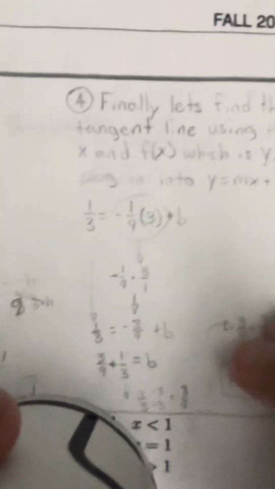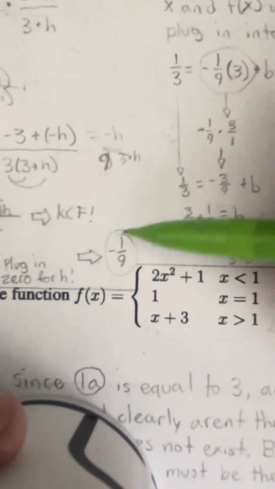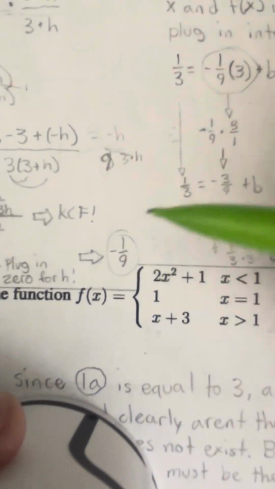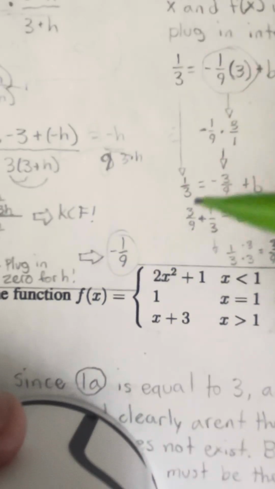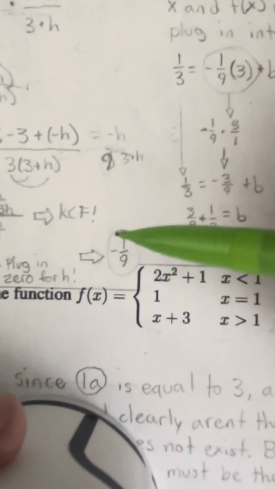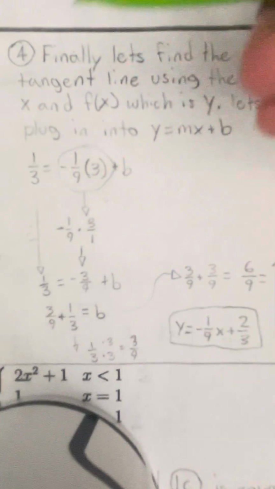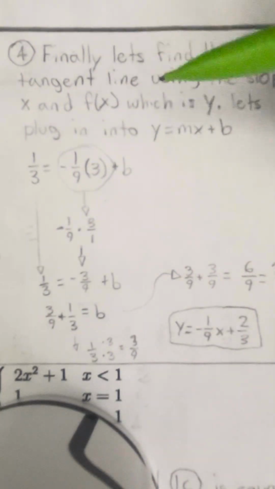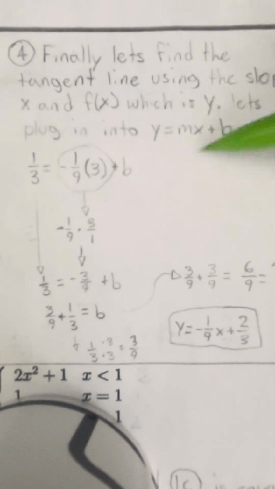All right. Then finally, this is the slope, right? Not the tangent line, but just the tangent slope. But they want us to find the tangent line. So we use the slope that we found to find everything else. So we know this is the line formula, right?